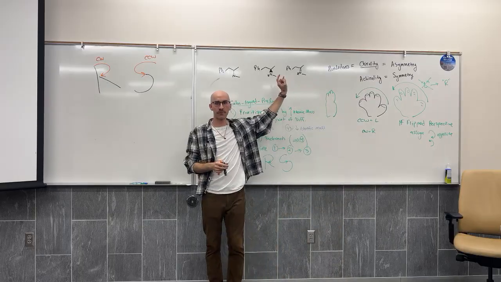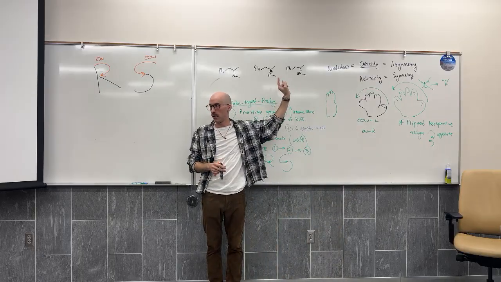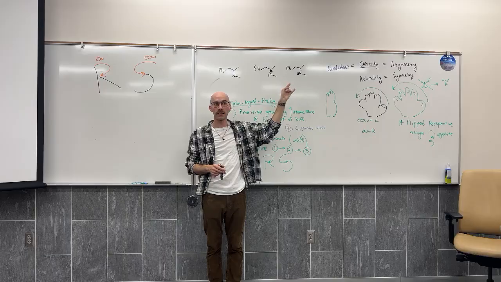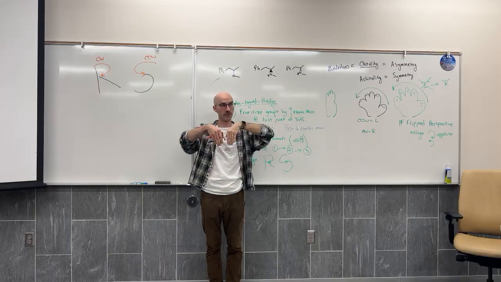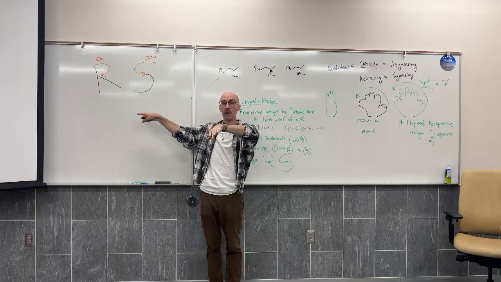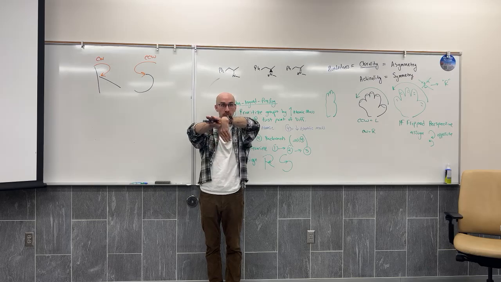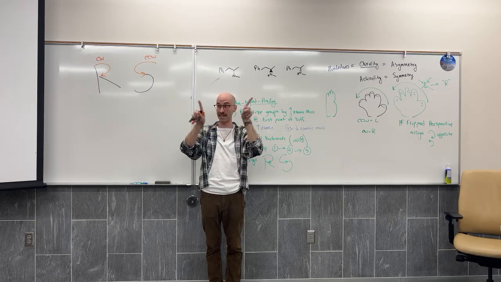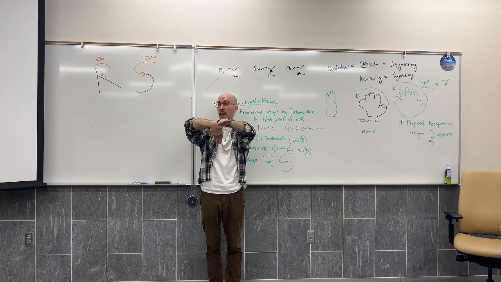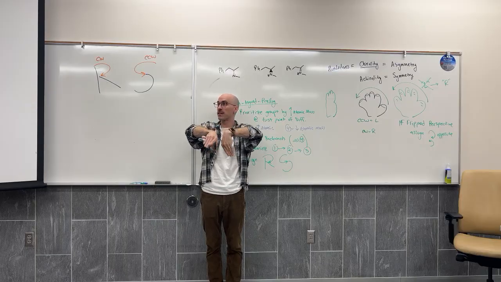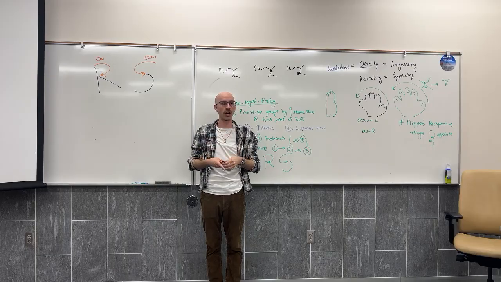Do you guys see how the difference is just swapping the placement of the amine and the hydrogen? Remember we said we swap two groups and we swap the configuration? I've kept left and right the same, but I've swapped front and back. And so I have two different configurations of that chiral carbon.